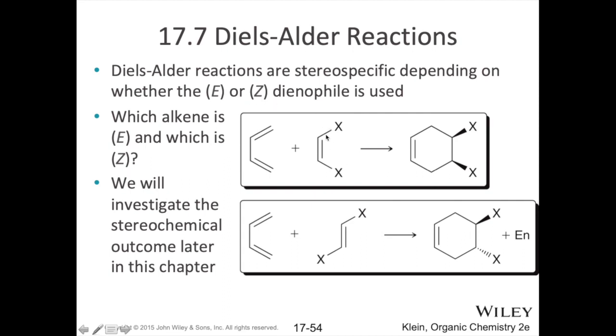Remember, if you're having trouble distinguishing them, Z for Zusammen, the quick way to remember it is both groups are on the same side of the double bond. So this is your Z alkene. Notice that this cis alkene has both of these substituents cis in the product, whereas here we have a trans alkene, and those substituents are trans in the product accordingly.